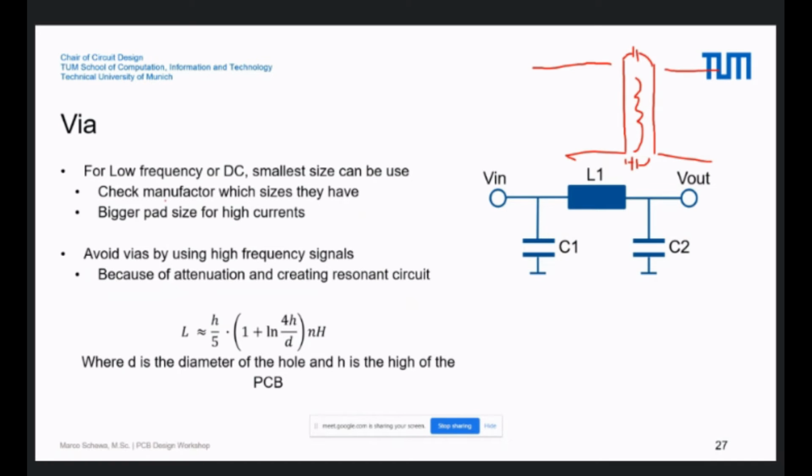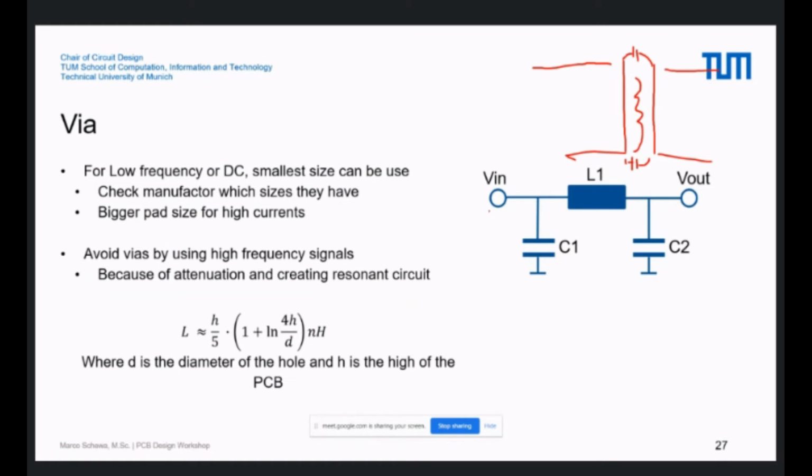For you, it's important to check with the manufacturer what is the minimum size that you can use. And for your design, you then use the minimum size of the wire. Of course, if you have large currents, then you also need a big pad for the wire. And for high frequency signals, you have to avoid such wires because of this inductor here. And this one also creates a resonant circuit.